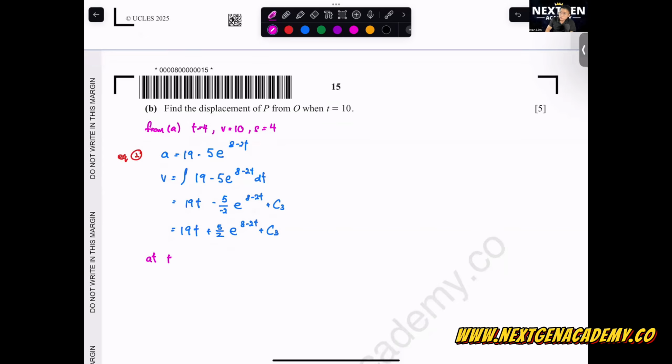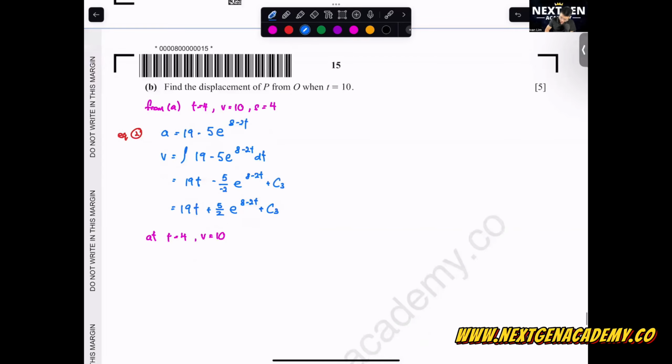At t equals 4, v is equal to 10. 10 is equal to 19 times 4 plus 5 over 2 e to the power of 8 minus 2 times 4, which is 8 minus 8, plus C3. We'll get 76 plus 5 over 2 plus C3.